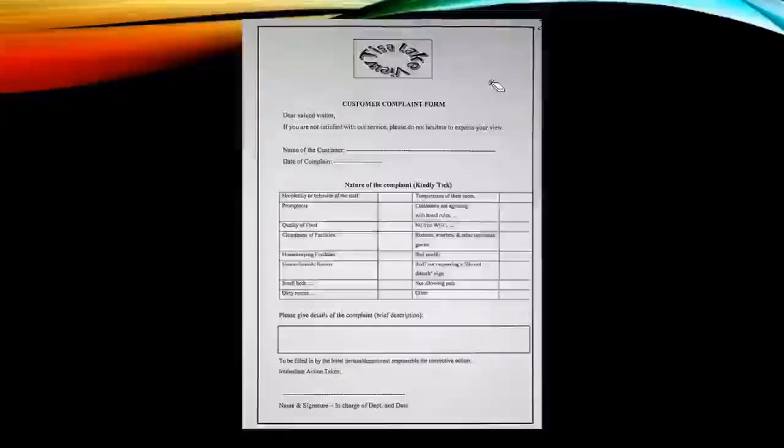In addition to that, here it has mentioned, please give details of the complaint. If he is not satisfied with the entire service or the majority of the services provided by the hotel, can he write down everything here? We will write the major issue. Details about the major issue, not everything. Right?